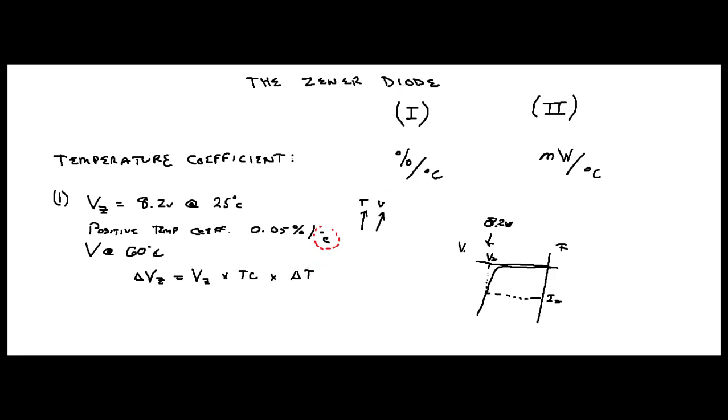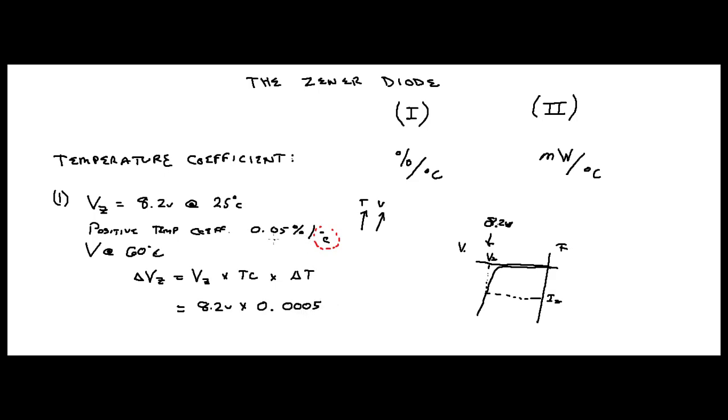So if we go back and we rewrite this, we can say this is going to be equal to 8.2 volts times, now this is in percent, we're going to have to convert it. It's going to be 0.0005, all right?